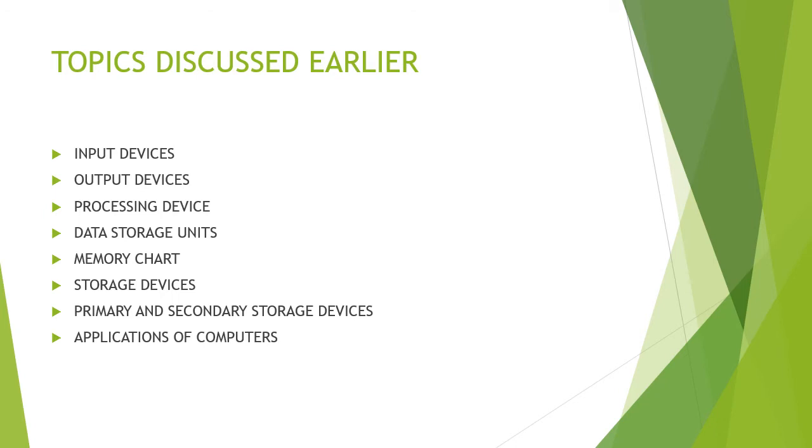An example of a primary storage device is RAM, and examples of secondary storage devices are CD, DVD, pen drive, floppy disk, etc. After that, we discussed applications of computers. In that, we saw the different fields where computers are used.